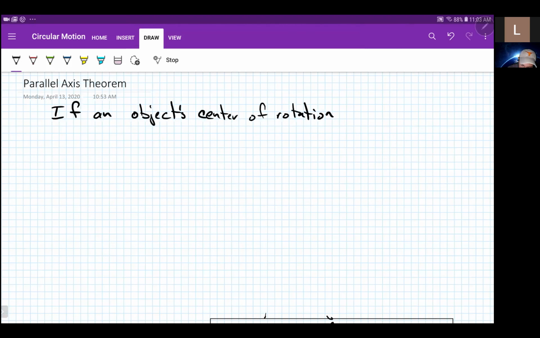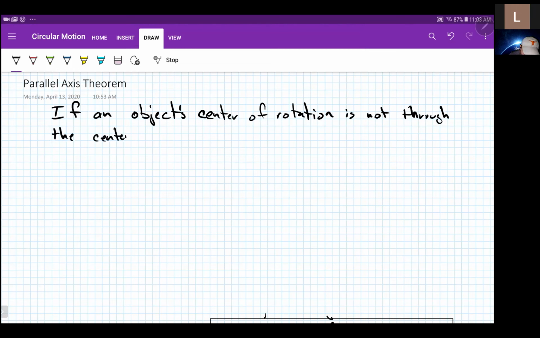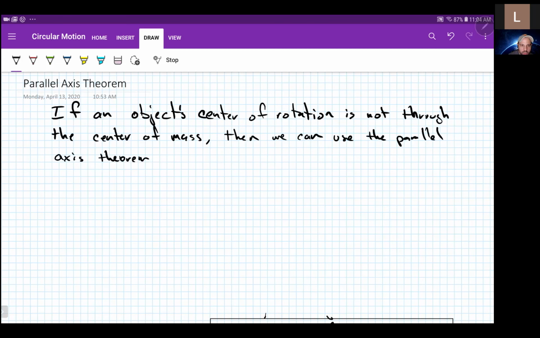So if an object's center of rotation is not through the center of mass, then we can use this parallel axis theorem to calculate moment of inertia.